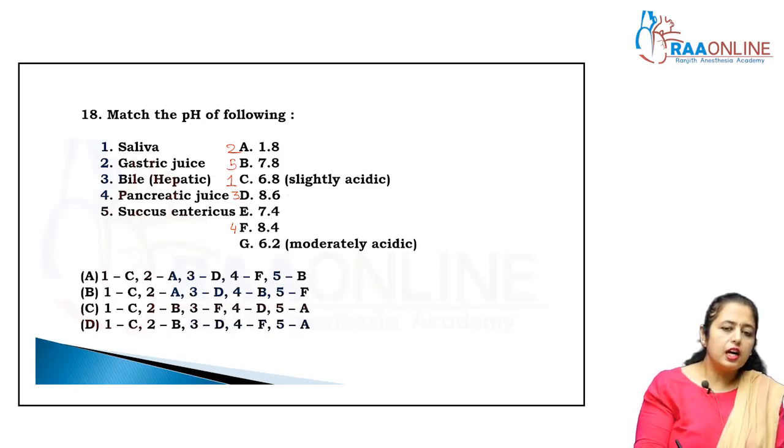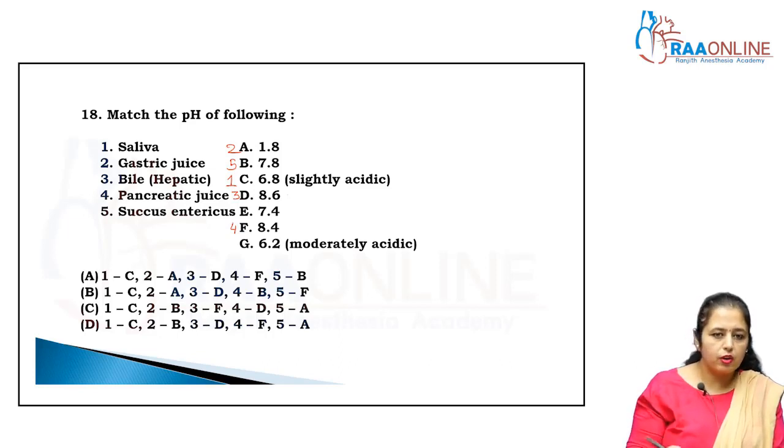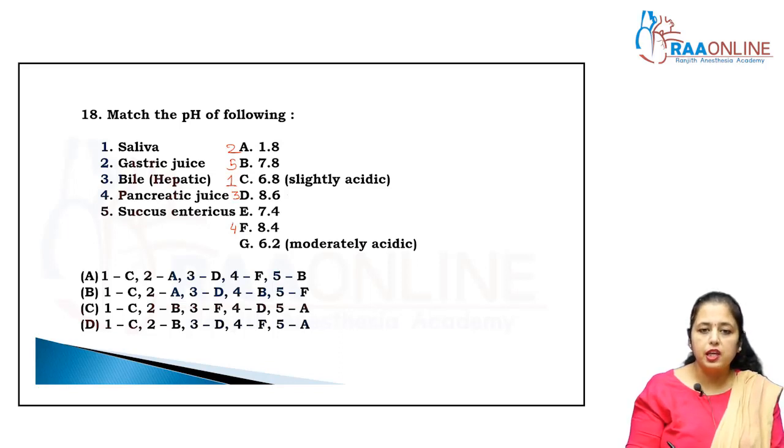So these are the pH values of the juices. What is the answer? 1C in all, 2A, so 1C 2A in both. That means the answer is between A and B. 3D in both, 4F, so the answer is A.